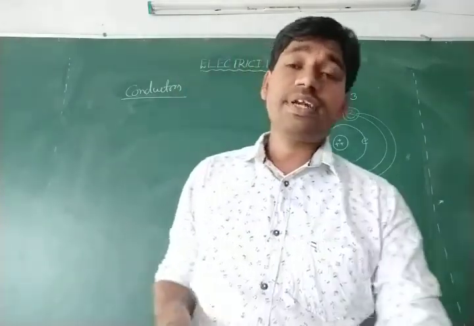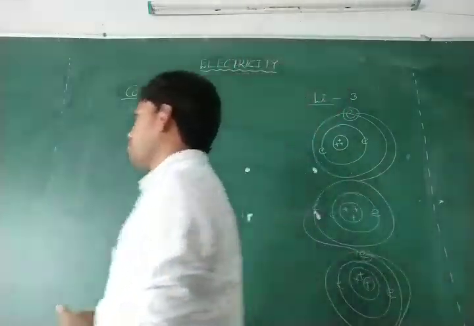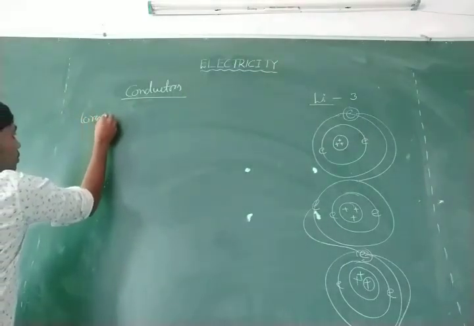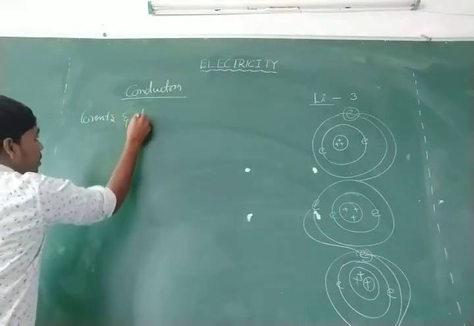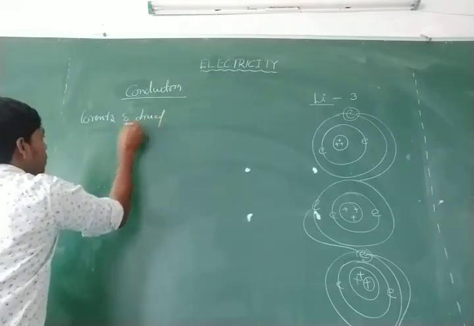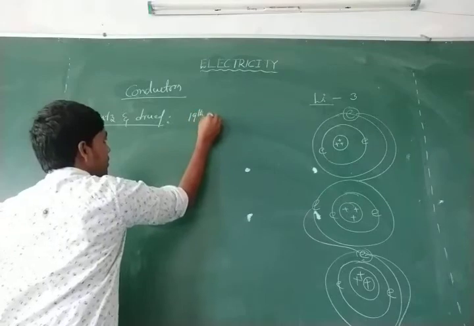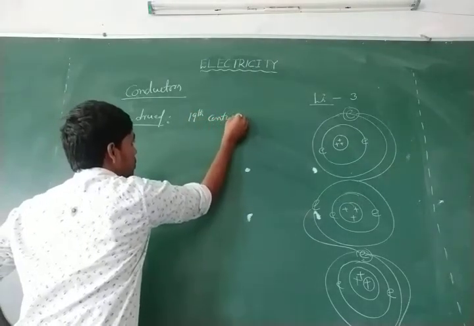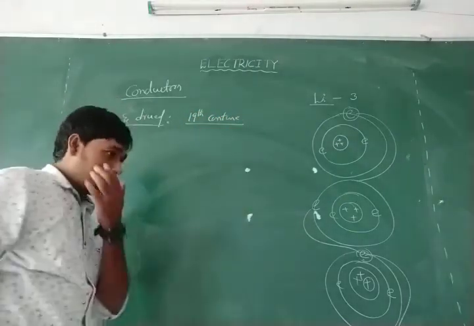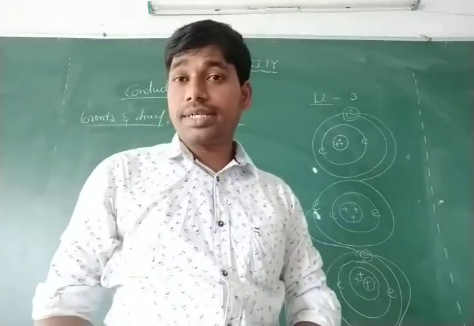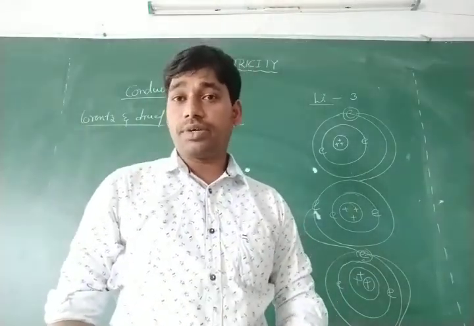In the 19th century, there were two scientists called Lorentz and Drude. They said that conductors like metals, the good conductors, have a large number of free electrons.